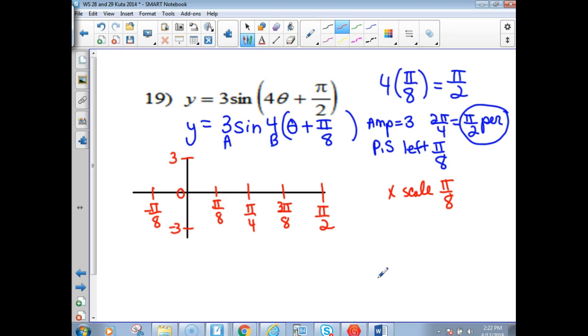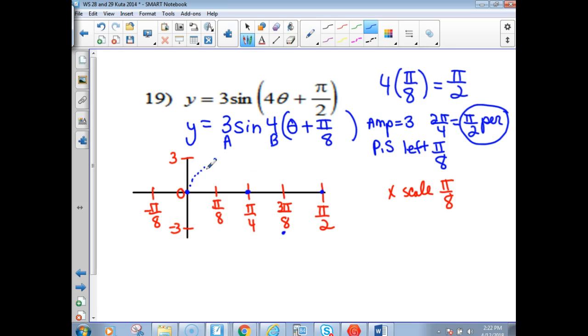If you're comfortable just sketching the graph starting at the place that the actual graph's going to start, you can go for it. Otherwise, I'm going to sketch it as if I didn't shift it, and then I'll shift it. So the sine would start at 0, 0, go up to its max, back to the center line, down to its min, back to its center line.